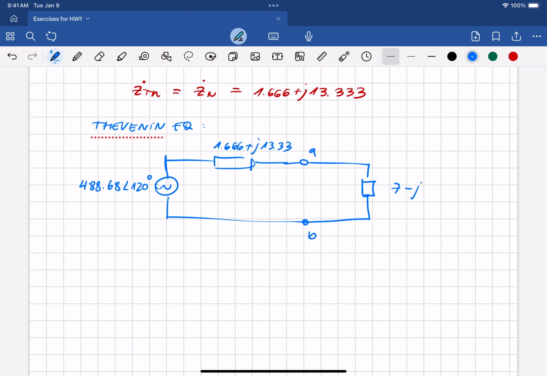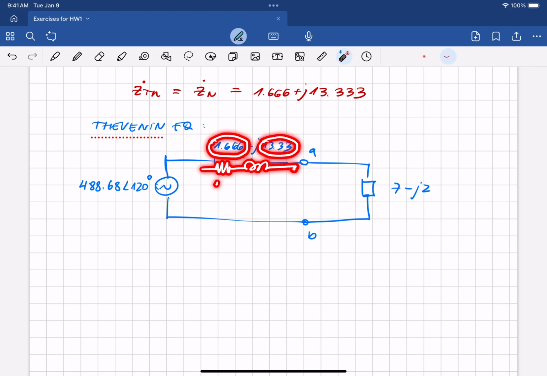So 7 minus J2. One thing that you can notice already, if you want to go one layer down in the analysis, even though it's an equivalent impedance, we know that this comes from an equivalent resistor and inductor, because we have a positive real part and a positive imaginary part. So the simplest equivalent circuit in the time domain has to come from a resistor and inductor.